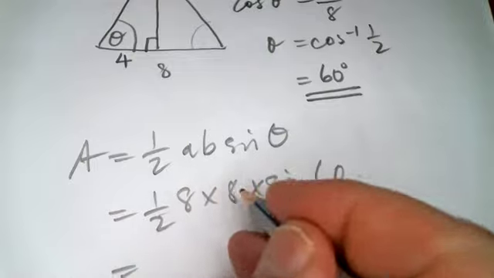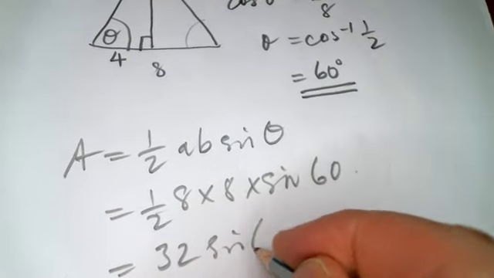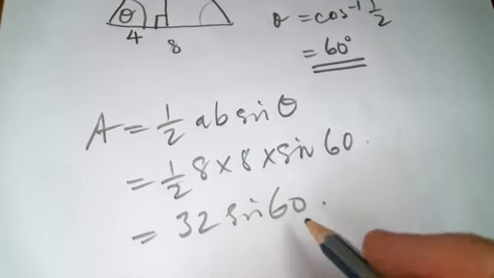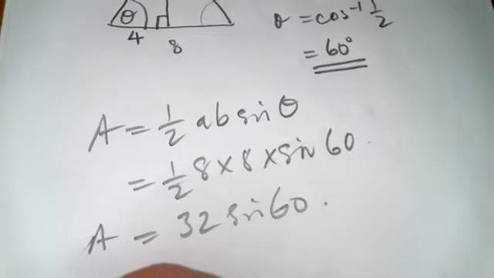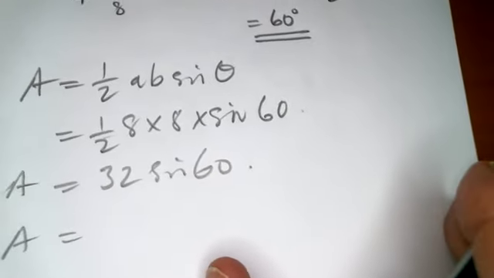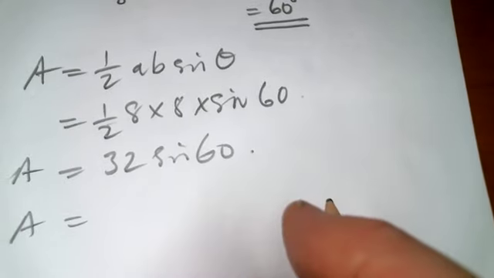That's half of 64, which is 32 sine 60. So that's equal to the area of one of the triangles, and that's all we really need, because then we can multiply it by 6 and we've got the whole lot.